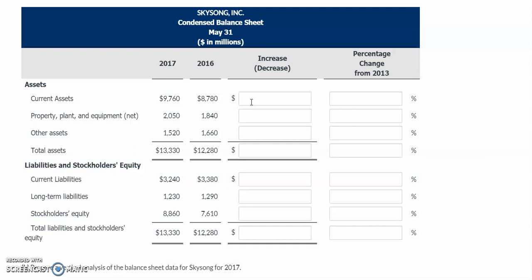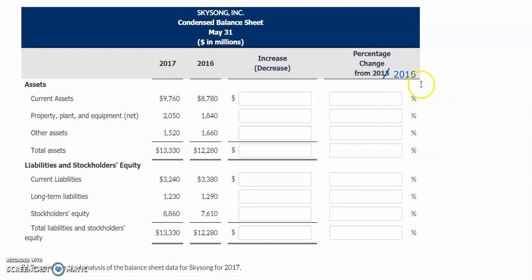If it's a decrease, a negative sign. And once you come up with the increase, you're going to divide that by the old year. So there's a bit of a typo from Wiley's end for this problem. Their percentage change is going to be from 2016.